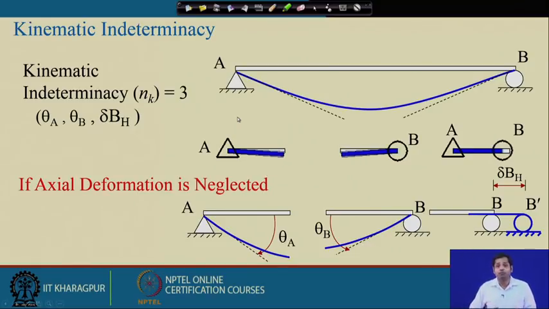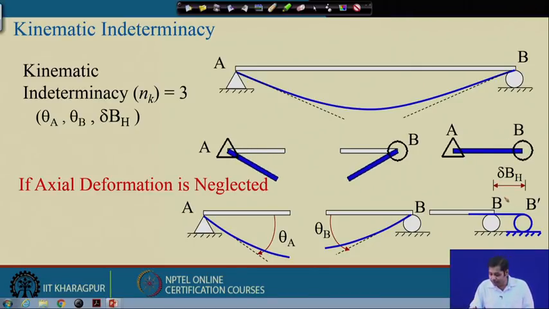Now if we assume that the axial deformation of this member is neglected. Why does this axial deformation take place in this case? Point A is fixed in space, so no translation takes place at point A, but point A can move in this way, and point B can move in this way. So stretching takes place in member AB, and the length of member AB changes.